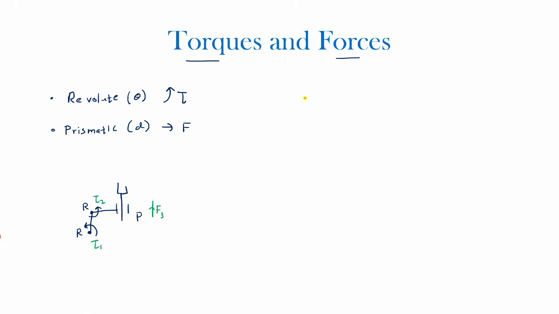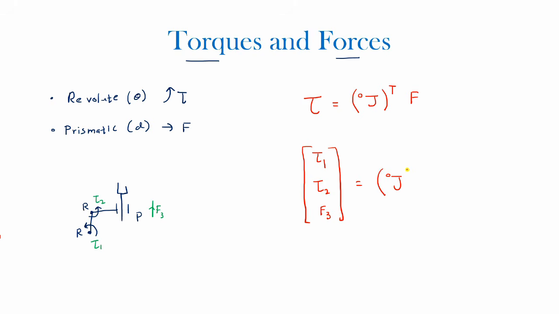And that is done using this general equation: tau is equal to the Jacobian from the base frame, the transpose of that Jacobian, times F. So what you would actually get from this, related to this particular robot system, is tau 1, torque 2, and F3 equal to the Jacobian of that system in the base frame, the transpose of that, times the three unit vectors fx, fy, and fz.